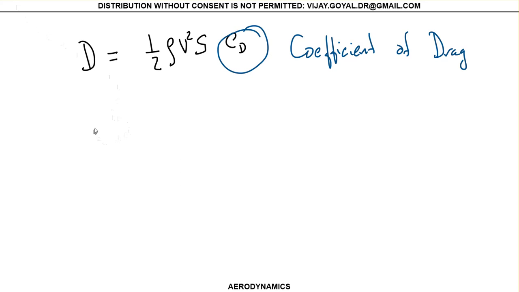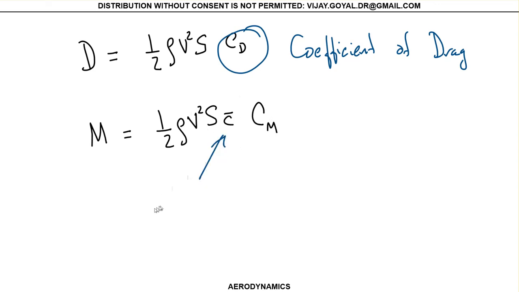I can also have my aerodynamic moment, and the aerodynamic moment is given by 1/2 rho V squared times wing area times my mean chord times Cm. Okay, this is the mean chord.